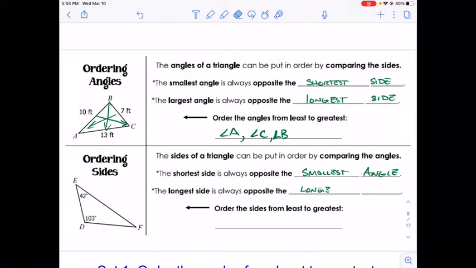Let's just erase that. All right, so we get the smallest angle and the largest angle.